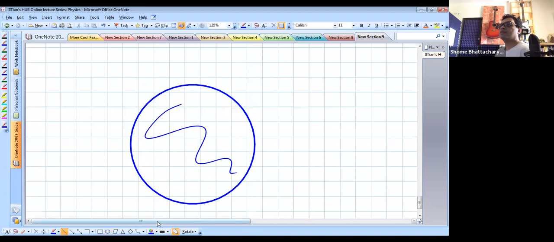Here also we can have the condition for total internal reflection. So if we have an incident ray inside this, it can well happen that this emerges like this.